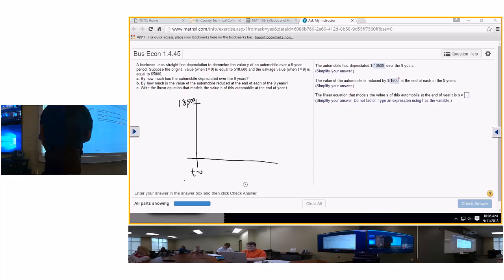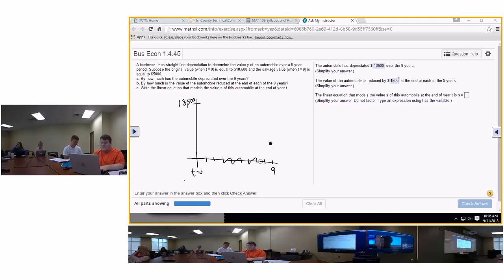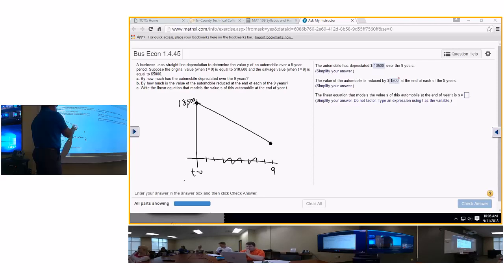And then here at t is equal to 9, it's 5,000. So basically, you've got a line that looks like that.